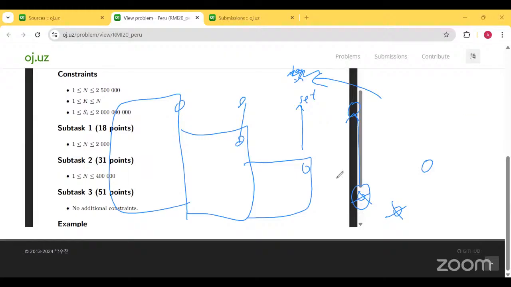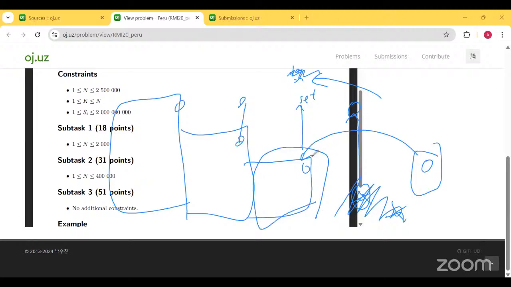Okay, and it will never, wait. Since we already deleted this, now the next value is this, I mean the previous value. So I think we already removed this, so it is okay.